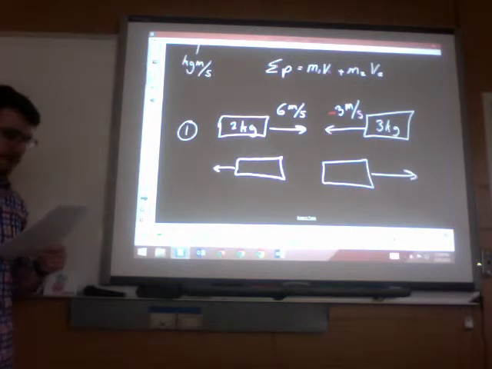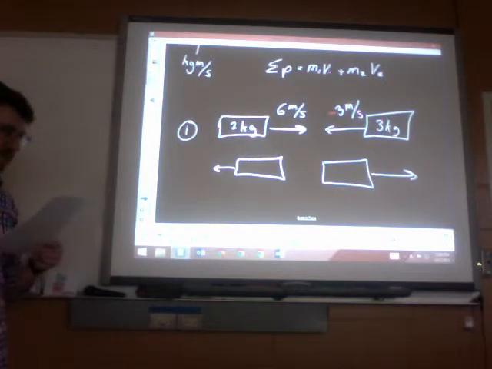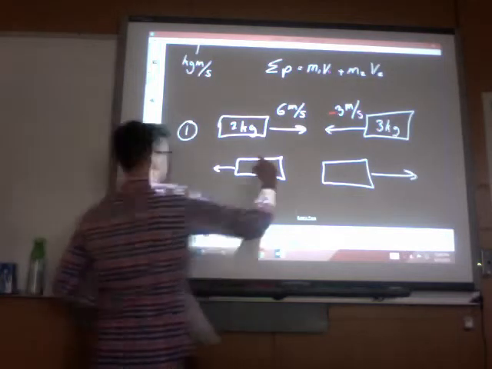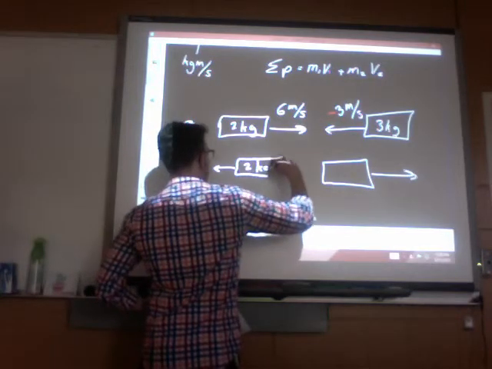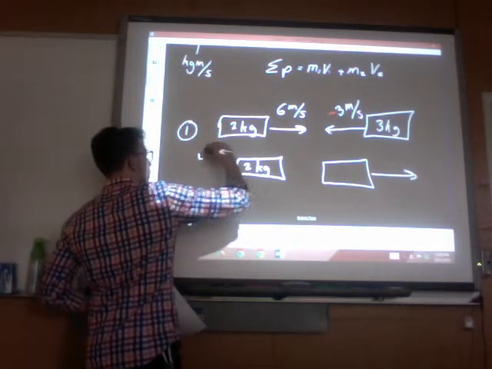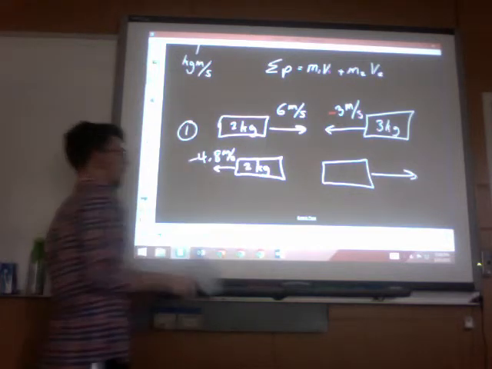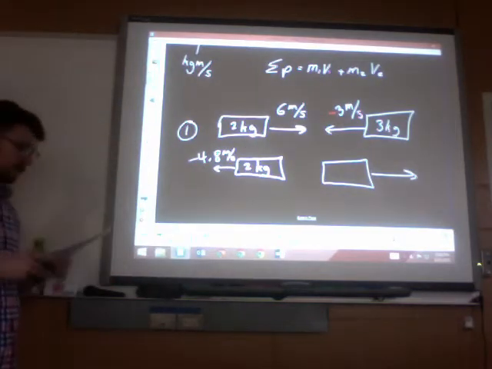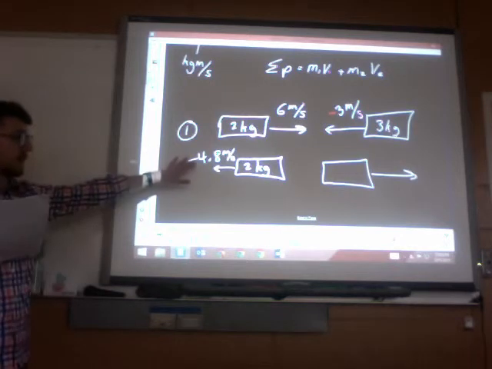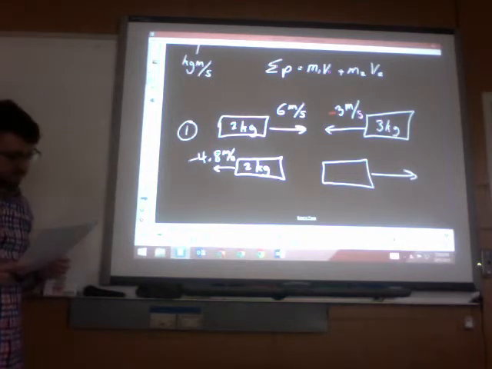After the collision, the 2 kilogram cart moves left with a velocity of 4.8. So that'll be this one. On the bottom left, it's going left with 4.8 meters per second. Throw our negative sign on there. Even though they didn't say it's negative, they said left. It's all the same.